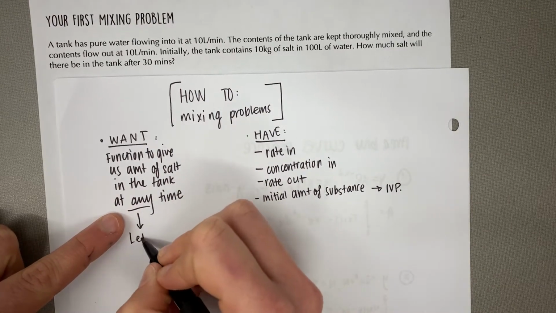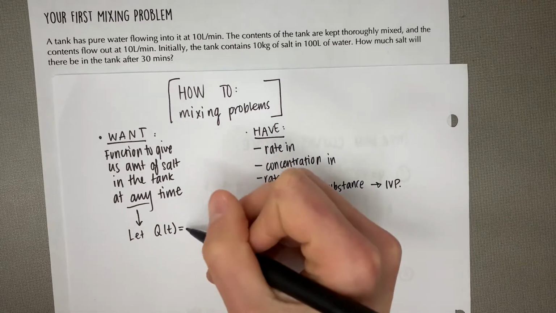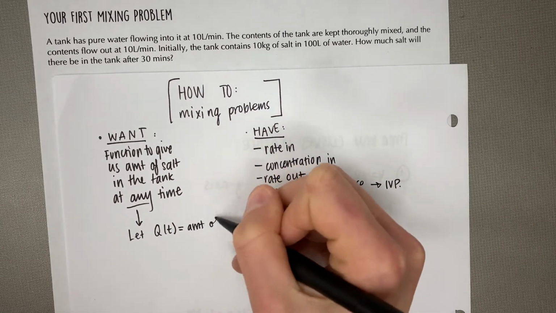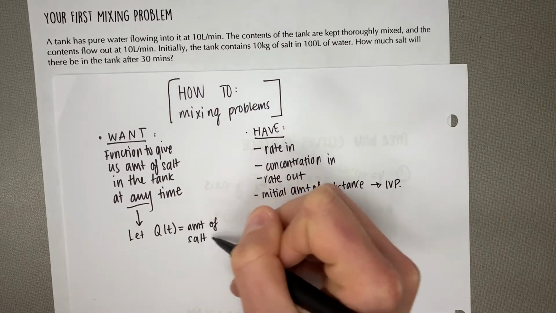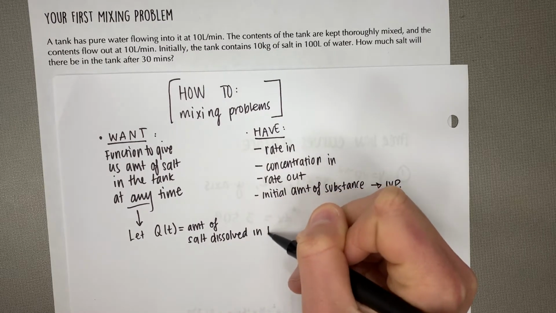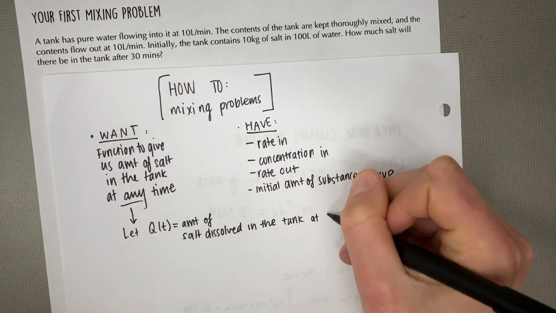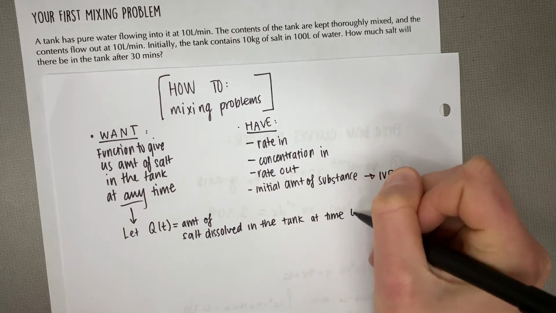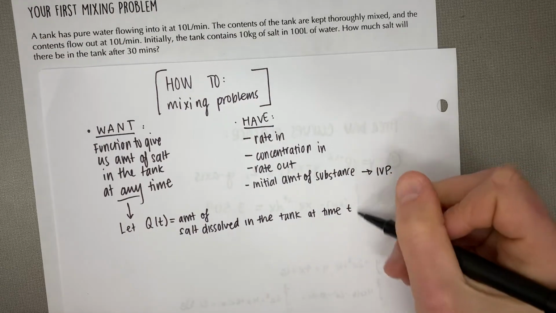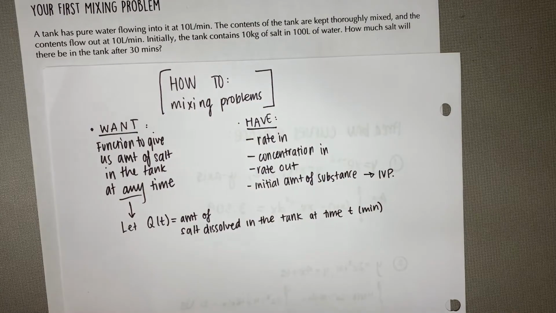So let Q of T equal the amount of salt dissolved in the tank at time T. We'll say in minutes, since everything we're given is in minutes.